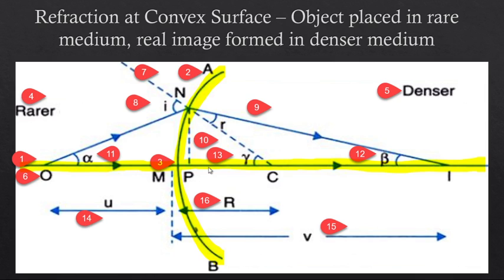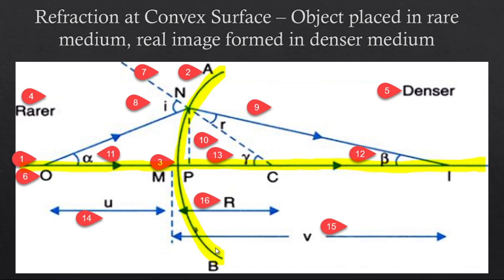So we have drawn the horizontal line, that is the principal axis. One is the principal axis, and two is the convex refracting surface. Three, you have to identify the pole, which is nothing but the center of this refracting curved surface.